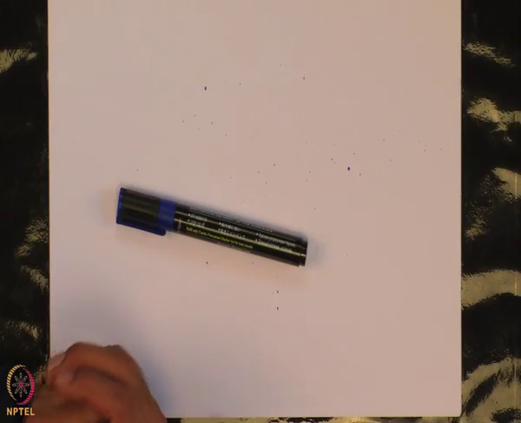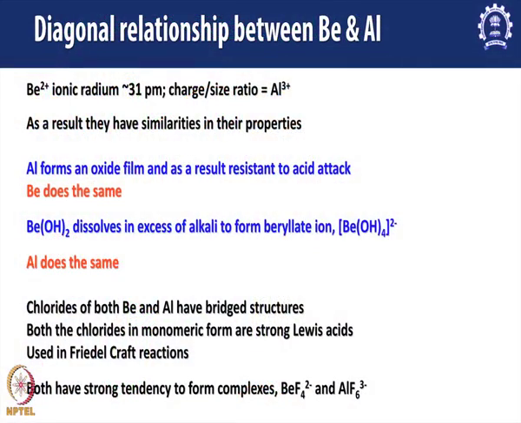Now let us look into the diagonal relationship between beryllium and aluminum. The ionic radius of beryllium 2 plus is about 31 picometer, and the charge to size ratio is very high, which can be compared to aluminum 3 plus. Since both have very similar ionic radii, you can anticipate similarities in their properties.